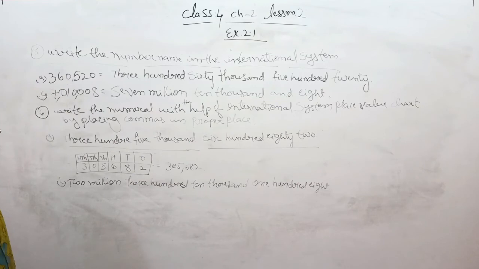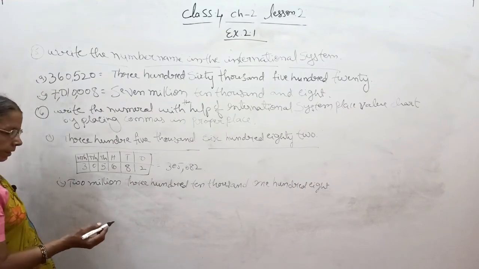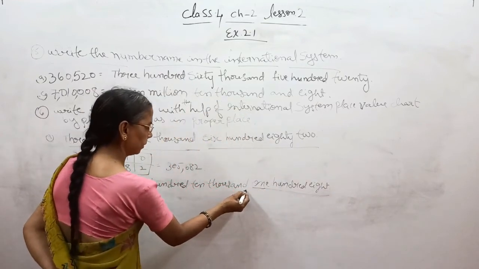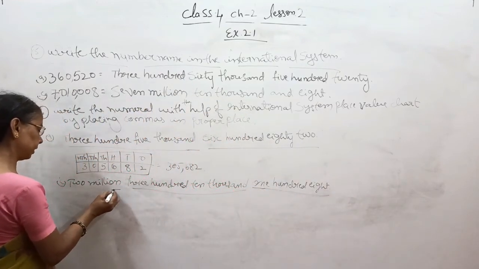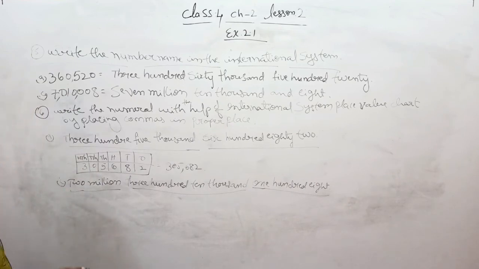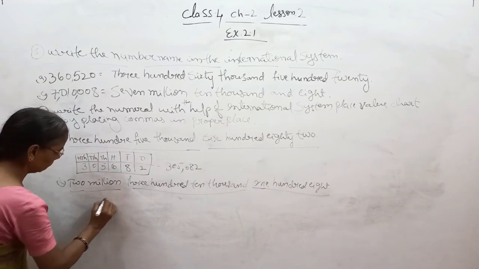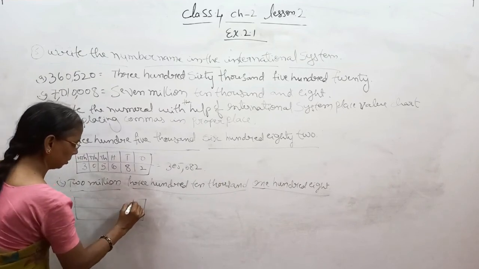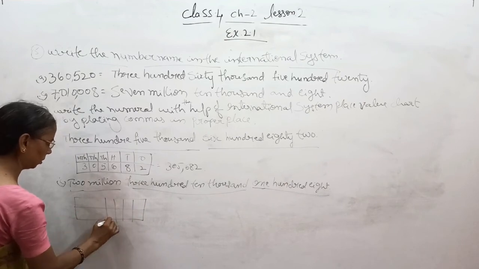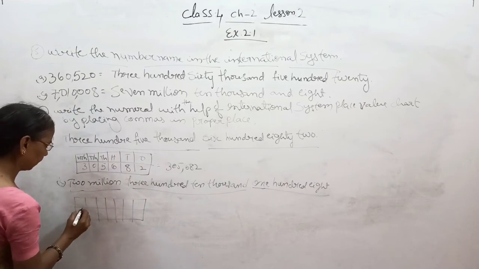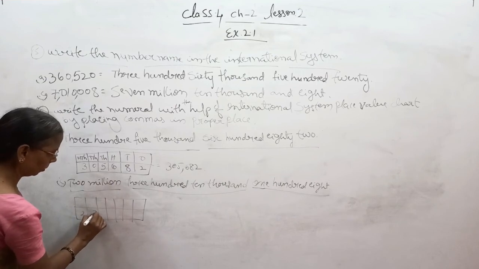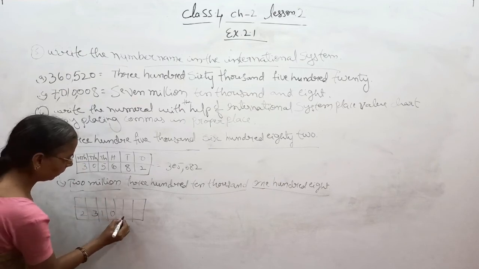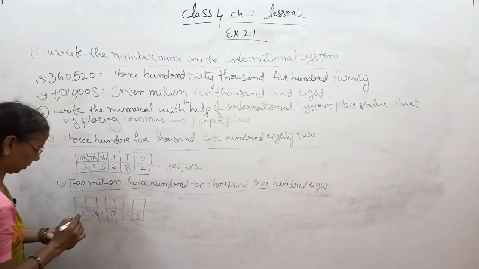In this question, we can make 3 groups. That is, first one, second, this one, and third one is this. We can write it as 2, 3, 1, 0, 1, 0, 8.